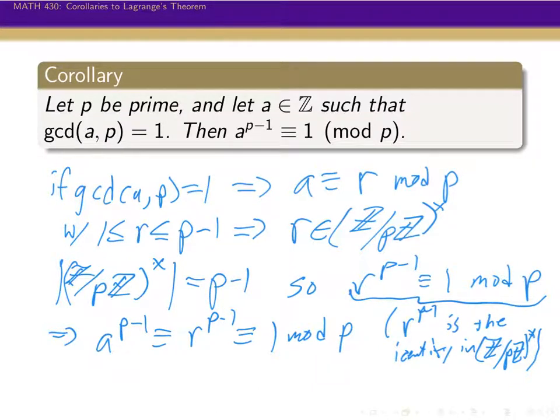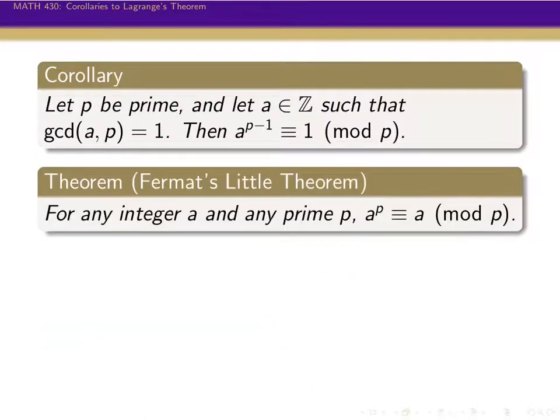and the identity in Z mod PZ star is 1. Okay. Now, an immediate result of this is a very famous and important theorem in number theory called Fermat's Little Theorem. What Fermat's Little Theorem says is that if you take a prime p and any integer a, then a raised to the power p is going to be congruent to a again, mod p.